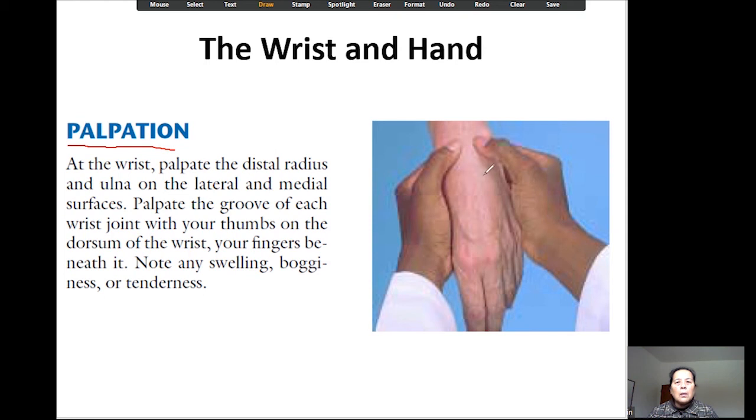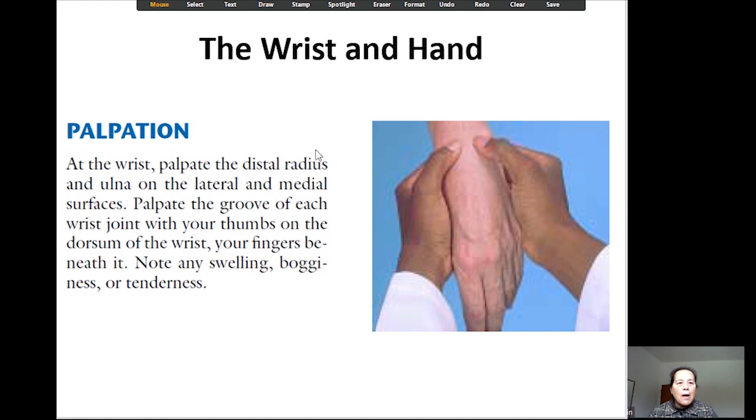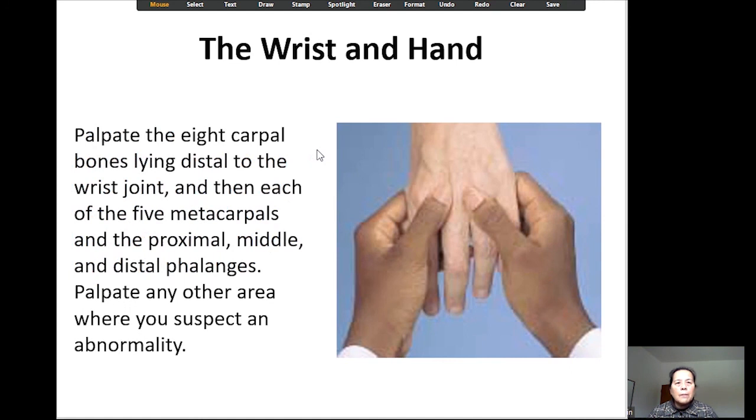Put our hand behind the patient's wrist joint here, and palpate with the thumb over the joint area, and then ask the patient if some special area has tenderness or pain. Also, we can see if it's swollen there. So that's for the wrist joints.